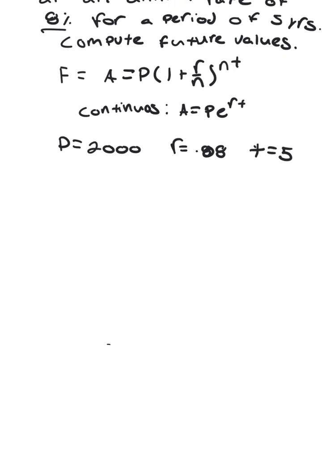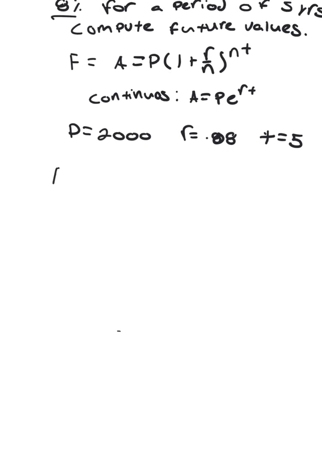So what are we given? We're given that P equals 2,000, r equals 0.08 because of the 8% annual rate, and t equals 5. So let's solve the first one, which is quarterly compounding.